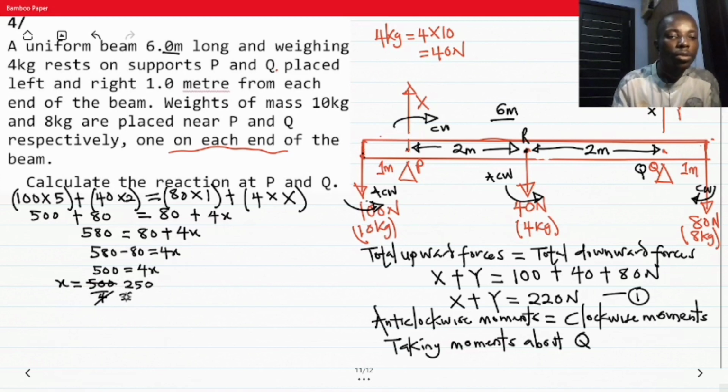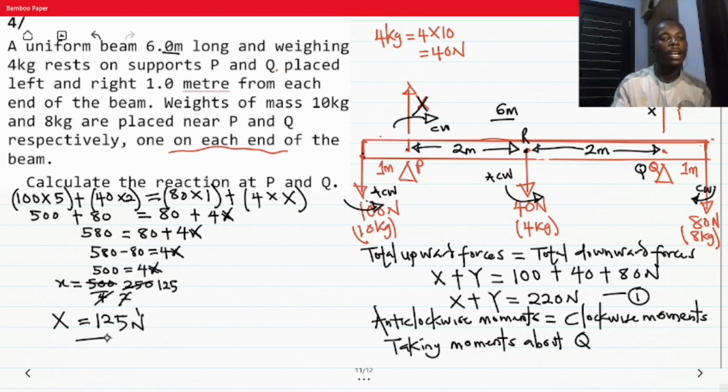Then 2 here will be 1, 2 here will be 125. Okay, so my x, I've been writing x this way, actually it's x in capital letter, so I changed that. X equals 125 Newton. So that's X, the reaction force at P.